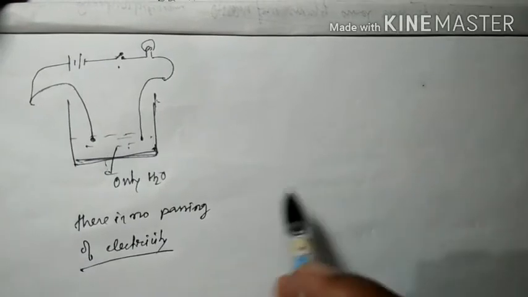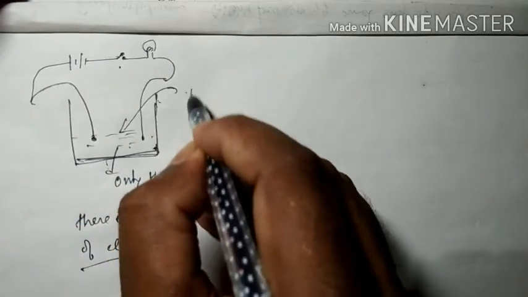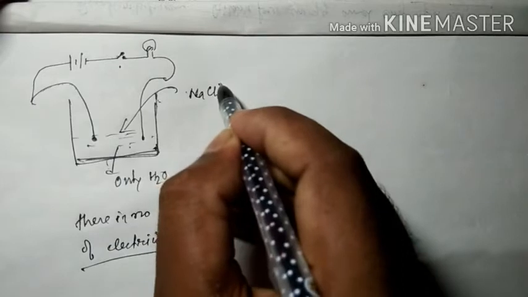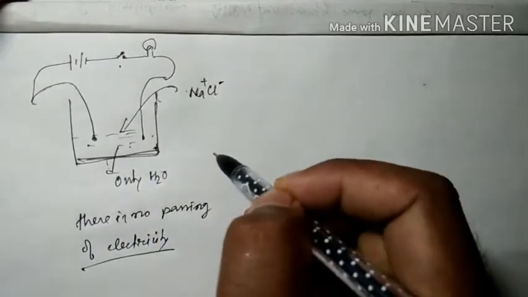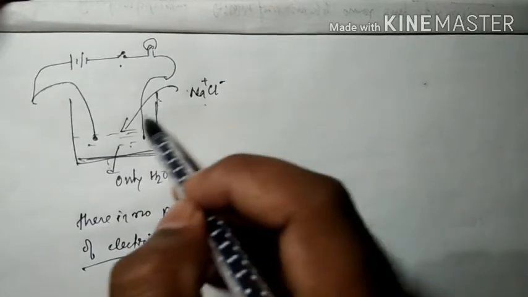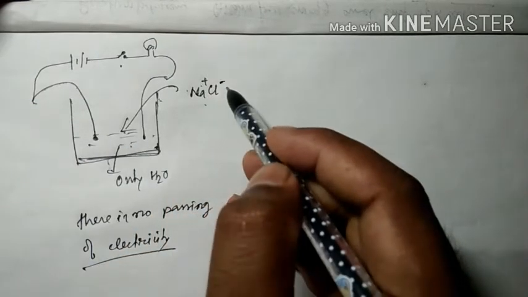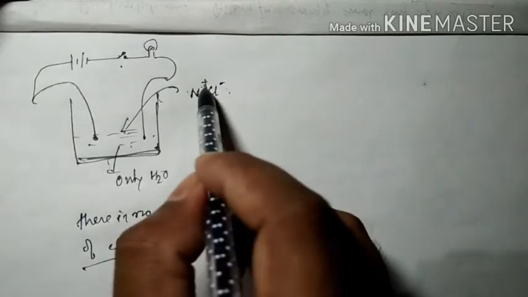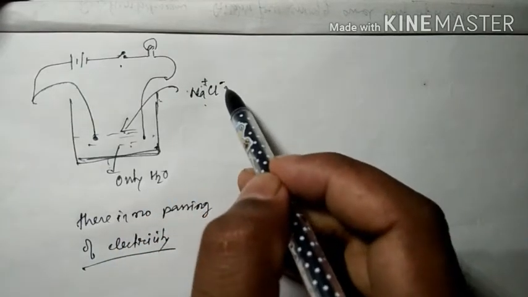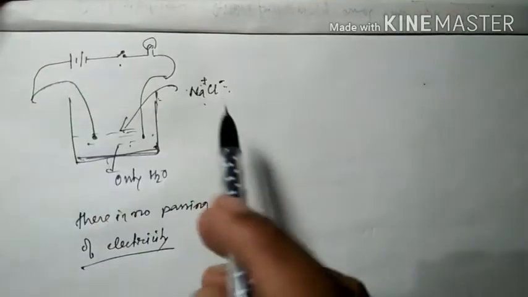Now if we add some salt here, NaCl, Na plus Cl minus, when sodium chloride is added in the water, it will produce sodium positive and chlorine negative, that means ions. Ion means what? Here one electron is less and here one electron is more, that means the movement of electrons is started.